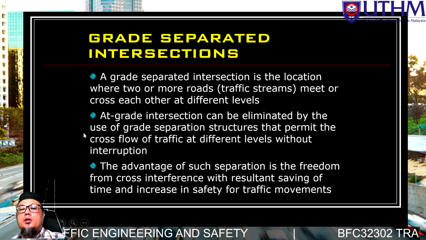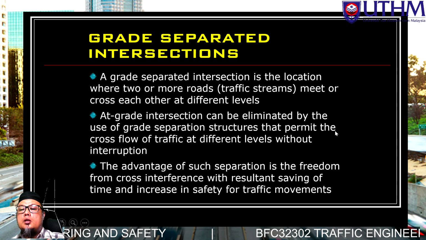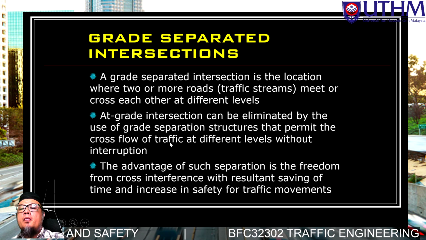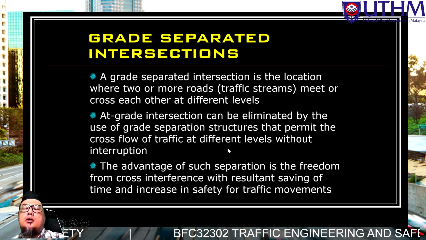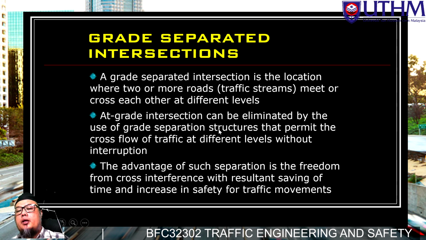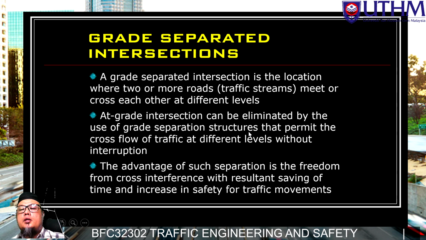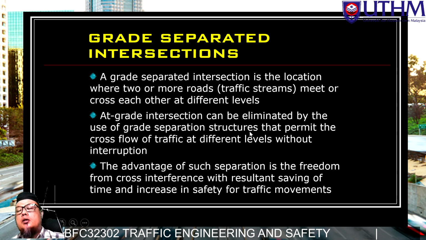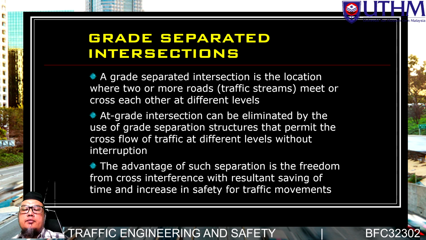Okay, at-grade intersection can be eliminated by using a grade separation structure that permits cross-flow traffic at different levels without interruption. Basically, they upgrade from the at-grade intersection to grade separation because they want to increase the capacity, increase the travel speed, and increase the level of service.